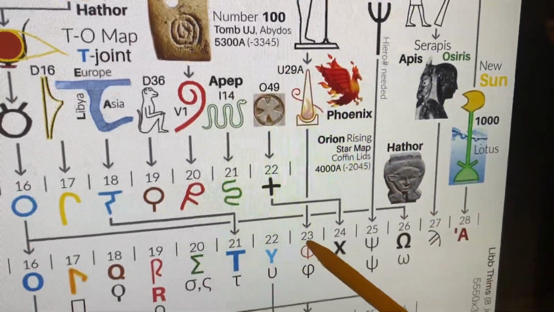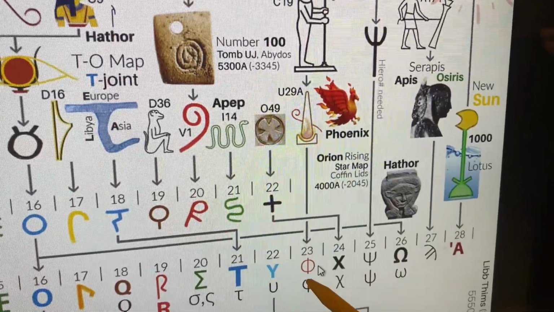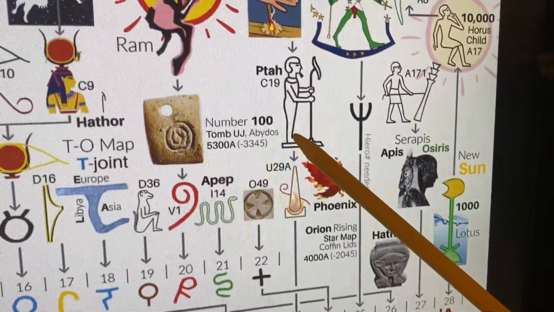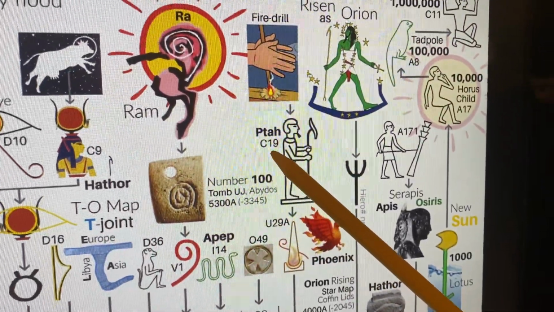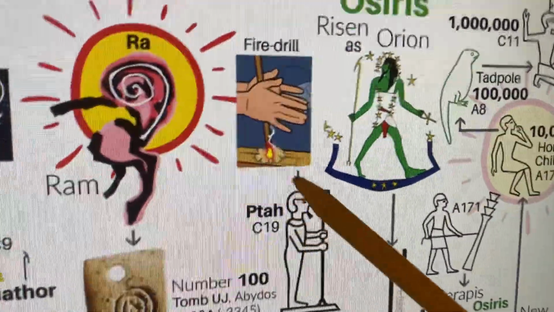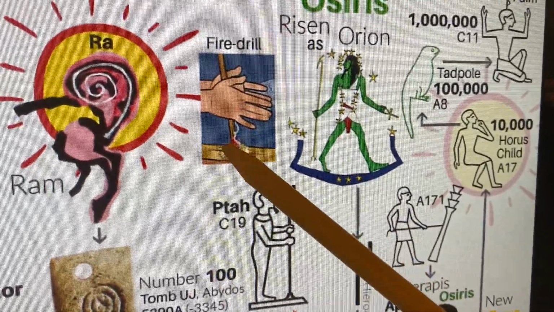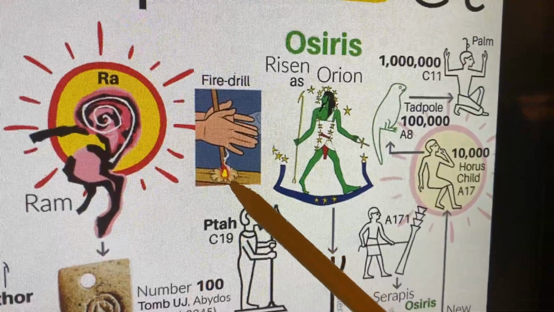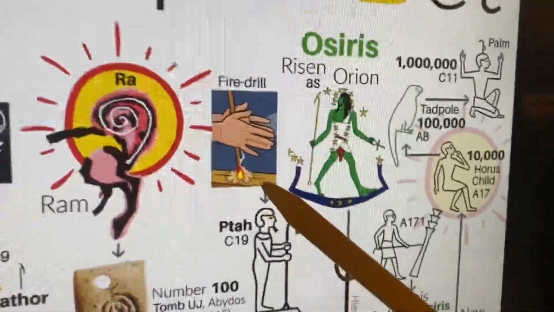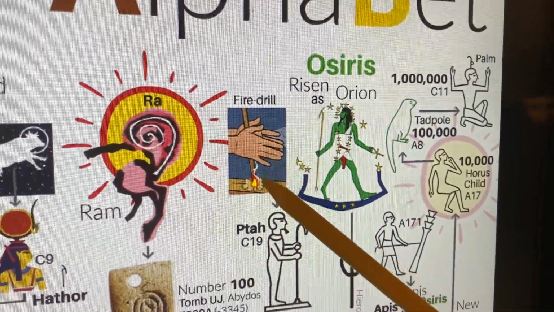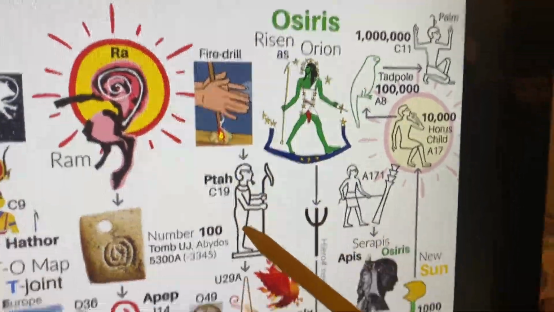That's where the words fire, philosophy, friction, physics come from. It's the C19 hierotype. And here we see that the stick of Ptah is his body. So now we think of this as trivial because we have electricity and we have matches, but 5,000 years ago, the invention of fire was a big thing. So this is the biggest god.